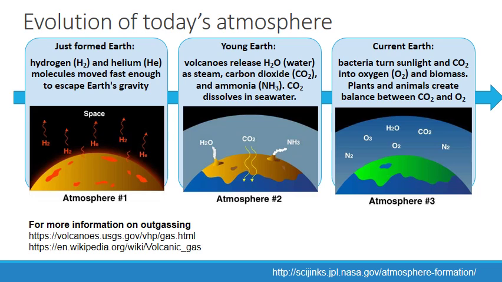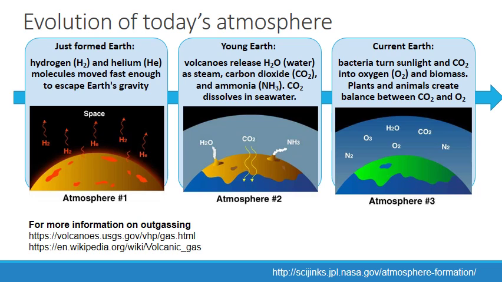So the second atmosphere, the young Earth atmosphere, came from within the Earth itself. And it was generated by volcanism as the Earth's solid crust continued to form. Outgassing is the jargon term, an important one for our class.